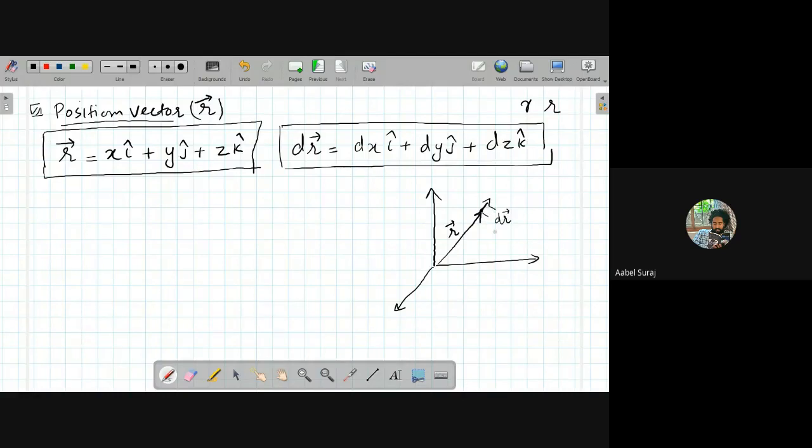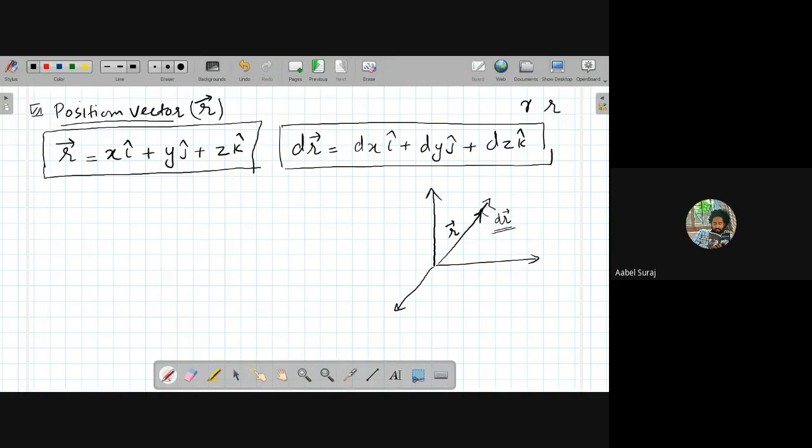To denote this slight change, it is dx i plus dy j plus dz k, since it is a very small change in space. If there is a slight change to that point, obviously there will be a slight change in each of the coordinates.